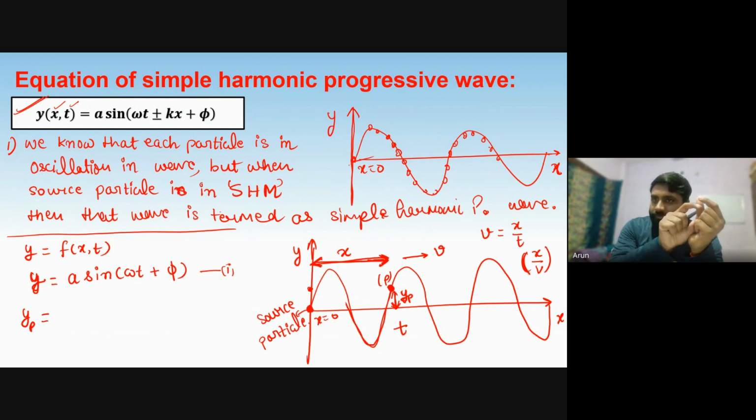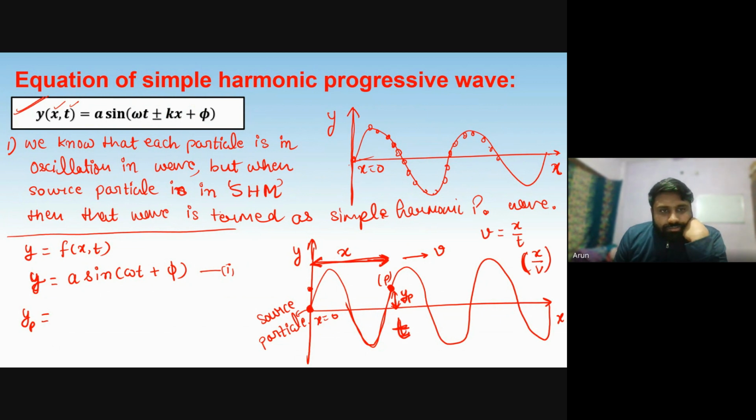3 minus 1. So here the time is t, and the time it has taken from origin to this point is x by v. So what is the total time? What is the difference of time?